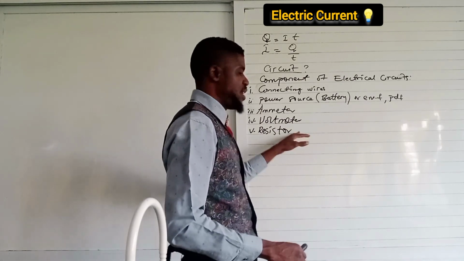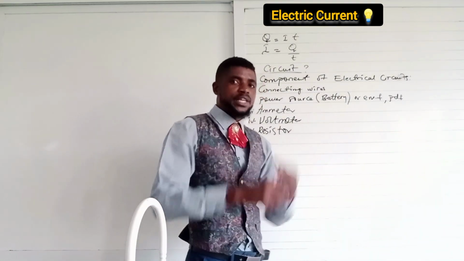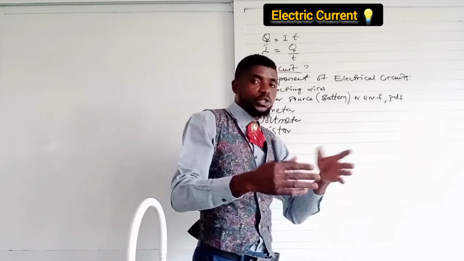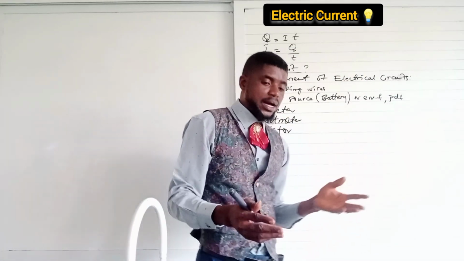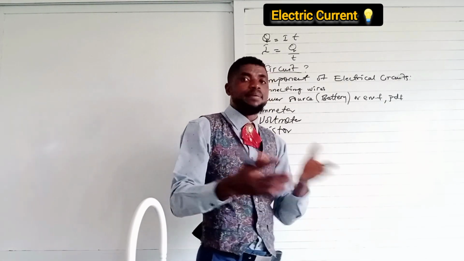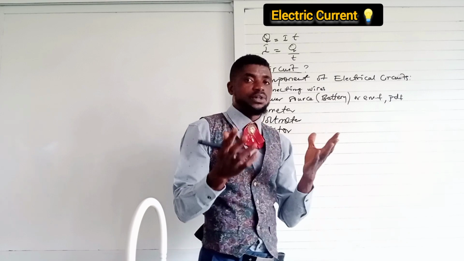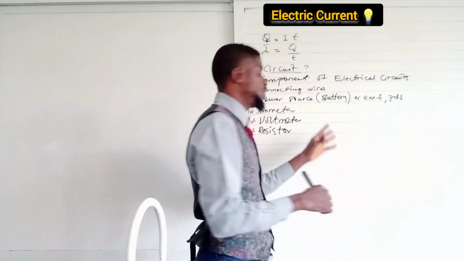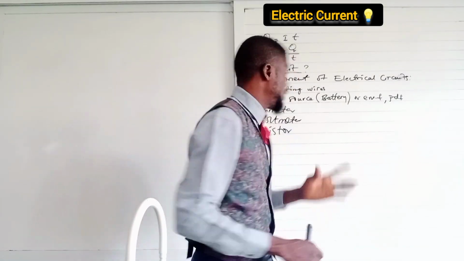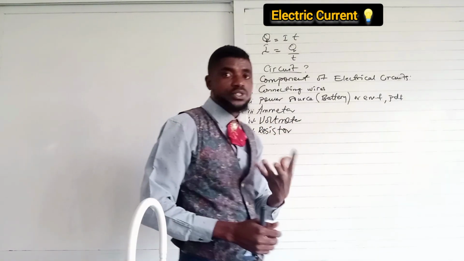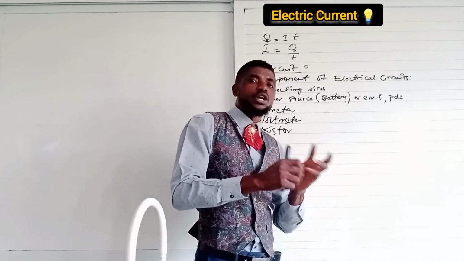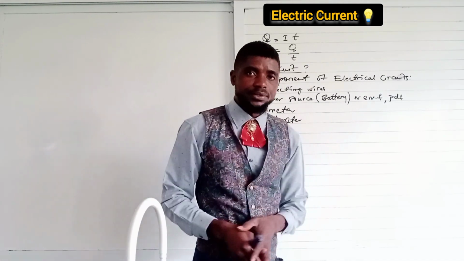The resistor is very, very important in an electrical circuit. Just like you have brakes in your cars, without your brakes, your car is at risk. When you enter a car that has no brake, you are putting your life in danger. So an electrical circuit without a resistor is a dangerous circuit because the electrical resistor does the work of reducing the flow of the current in the circuit.